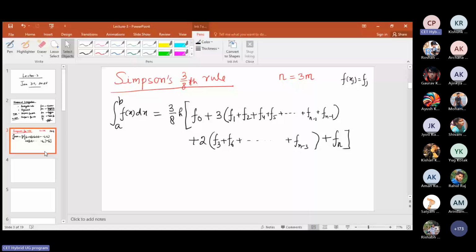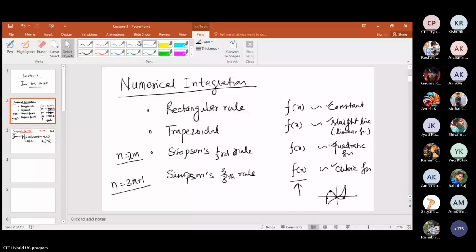I should erase this one here. The number of partitions which you choose is n is equals to 3m plus 1. Partitions. Here also partitions. N is equals to 2m, n is equals to 3m.